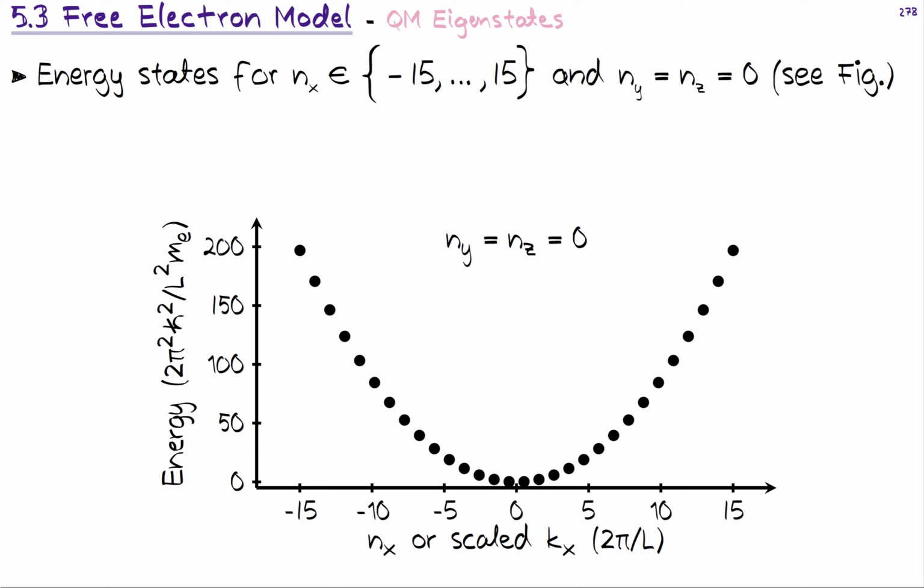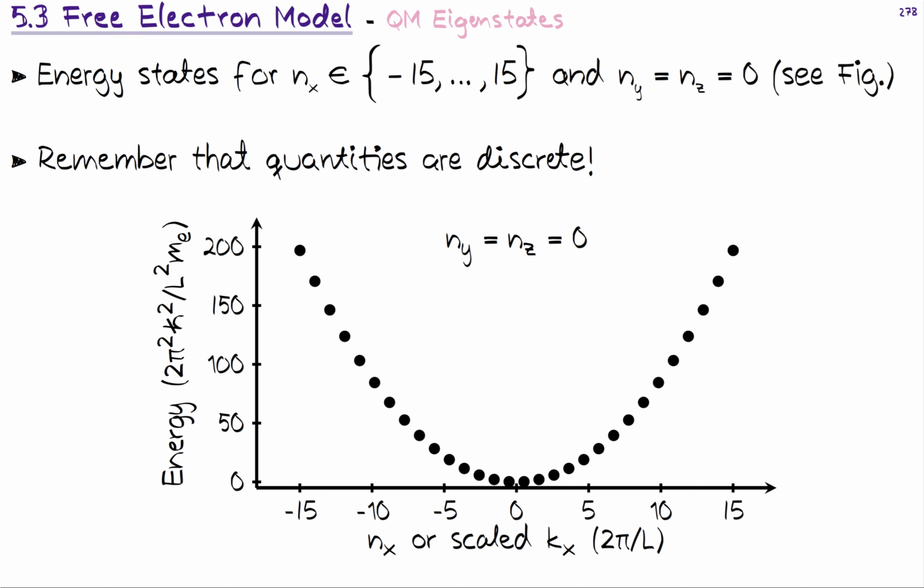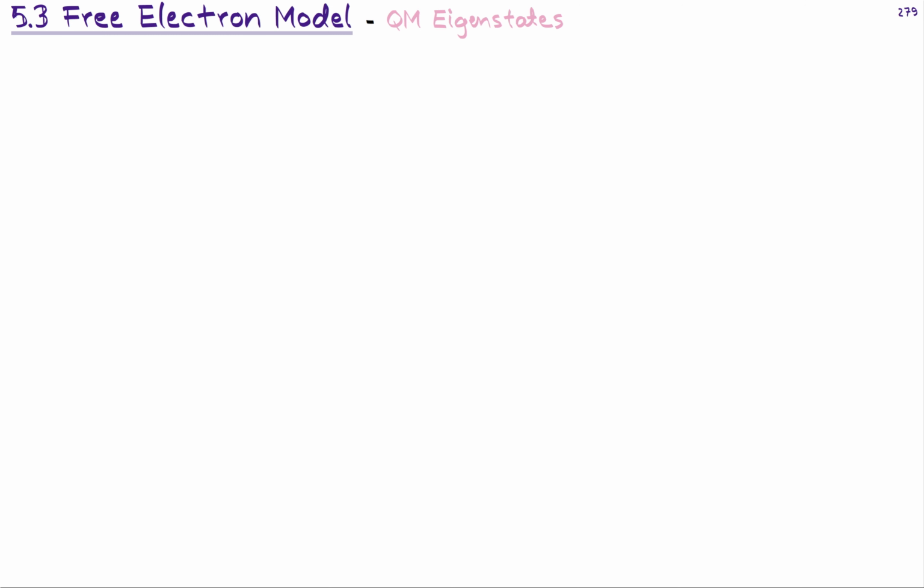We see that the states first of all form discrete states, so it's not really a continuum of states. Also, when we go to higher n values, the energies increase, and it seems to form a parabola when ny and nz are 0. Of course, all of these can be non-zero, so then things become a little more complicated if you would really need to sum up over these states, as we will do in the upcoming lecture.